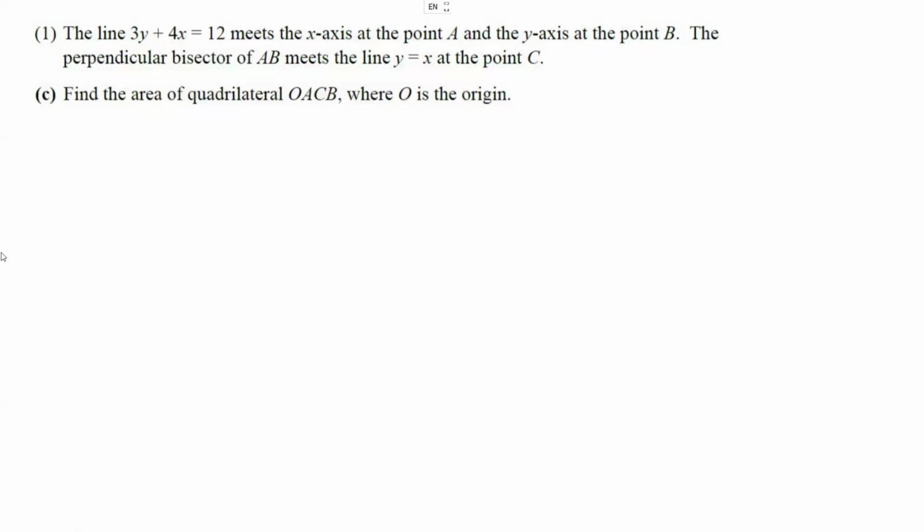Okay, for C, find the area of the quadrilateral ACB, where C is the origin. For this one, we don't really know what the shape is. It could be like this or anything else, but we can actually find the area using a formula with a modulus, which goes like this.